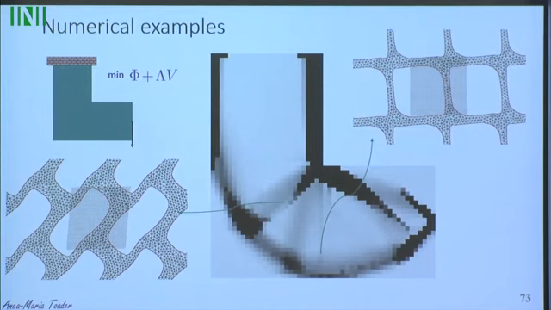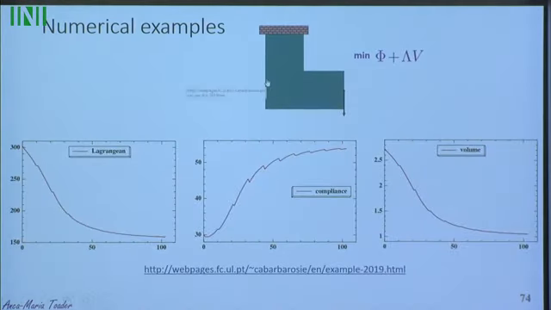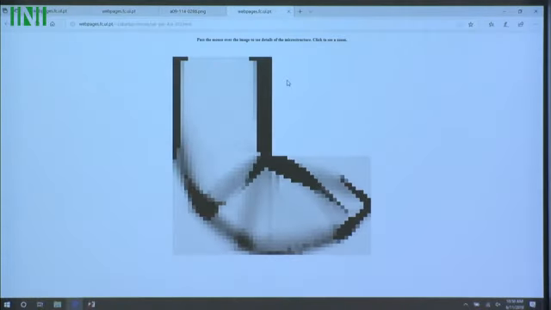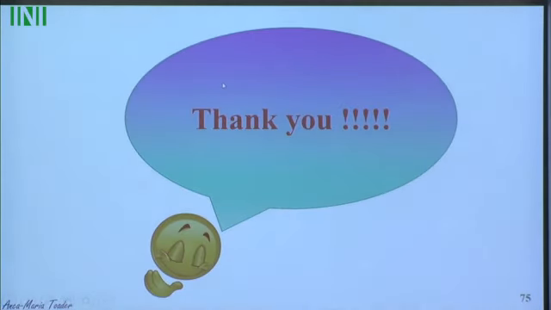And here are the Lagrangian, the compliance and the volume histories, and we can see the same thing. You can see here the whole structure, how it's happening. Here it's not void. It feels like making void, but it cannot because we have the cell. Okay, so thank you very much for your attention.